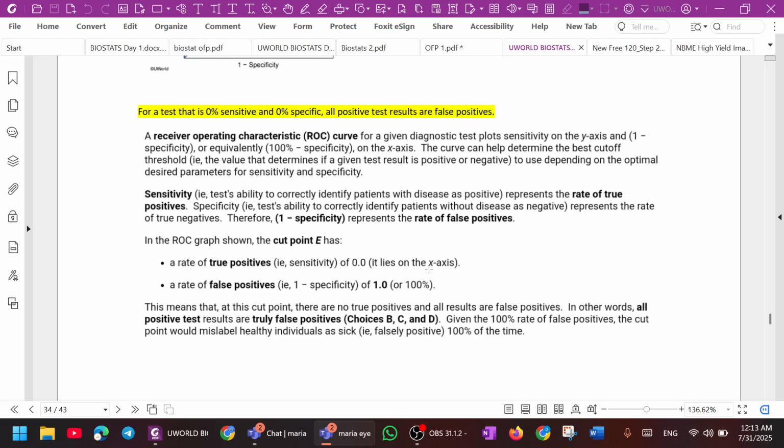The curve can help determine the best cutoff threshold, the value that determines if a given test result is positive or negative, to use depending on the optimal desired parameters for sensitivity and specificity. Sensitivity represents the rate of true positives. Specificity is the test's ability to correctly identify patients without disease, and represents the true negatives. Therefore, 1 minus specificity represents the rate of false positives.